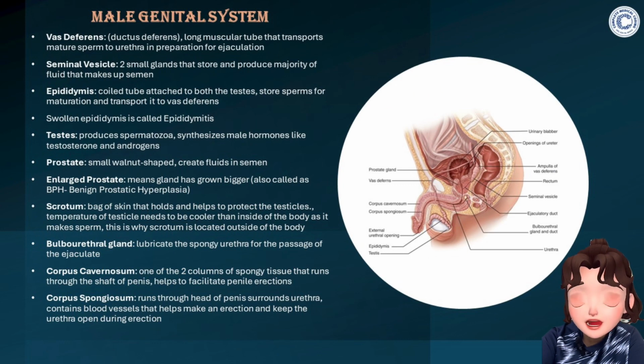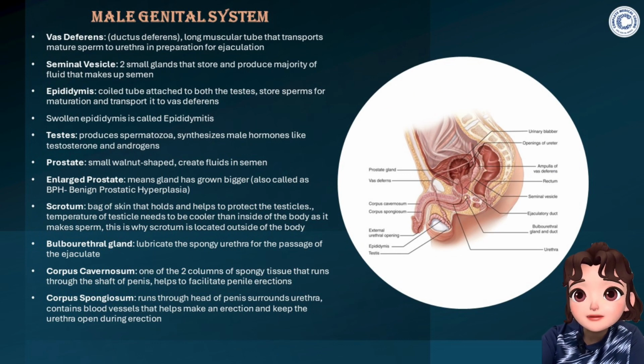Enlarged prostate means the prostate gland has grown bigger, and that medical term is called as BPH. It's also important. Benign prostatic hyperplasia, BPH. You may get it as short forms only in the questions.